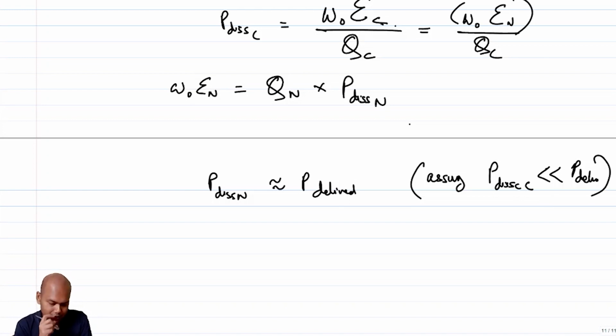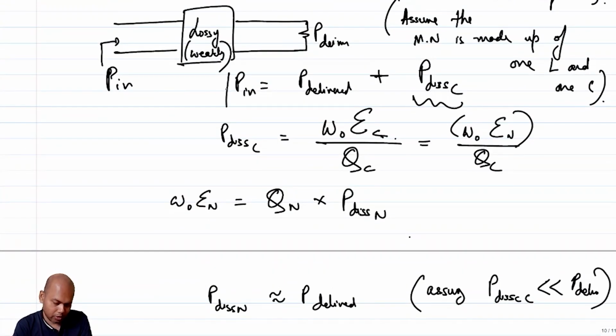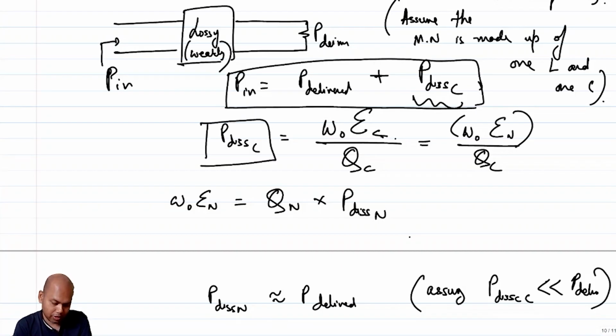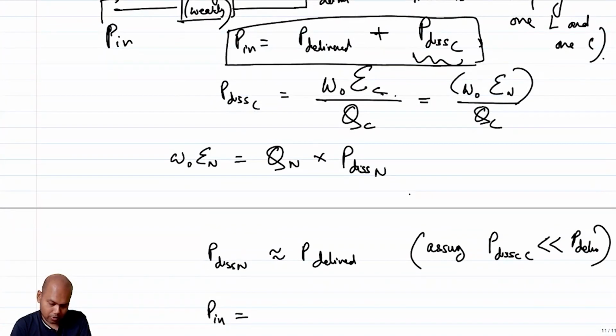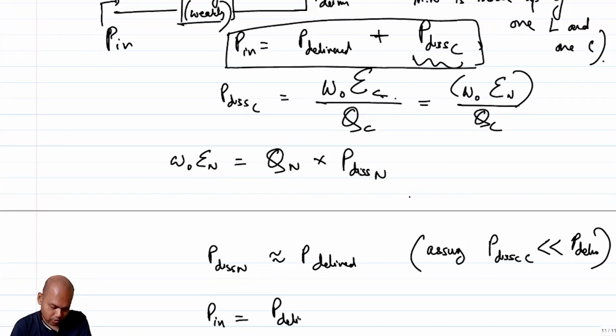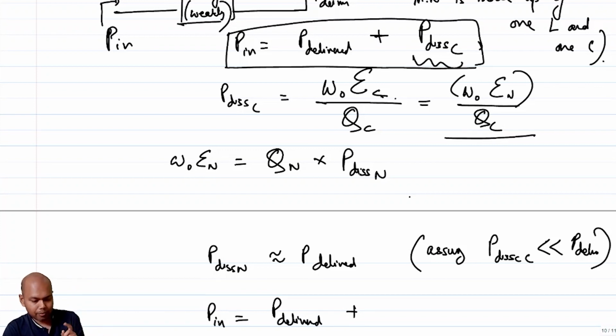Correct? If that is the case, then I go back to this equation, to the second expression, and I essentially end up with P in is equal to power delivered plus the power dissipated in the component, which is omega naught En by QC, and omega naught En is Qn times power dissipated in the network.